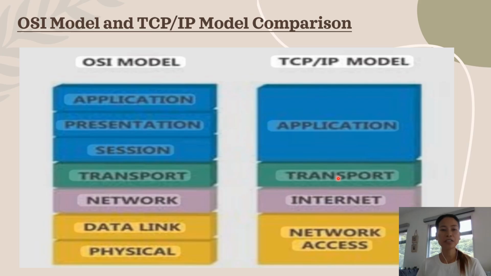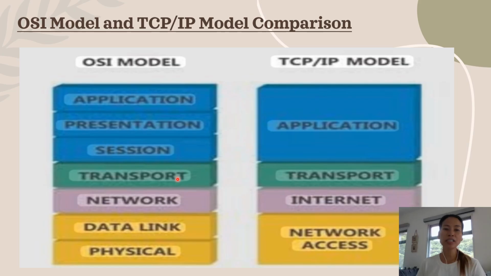So these are the differences of the two. This is the OSI. It has 7 layers. The TCP/IP model has 4 layers. Why 4? Because the data link and physical layers of the OSI model are wrapped up in the network access layer of the TCP/IP model, while the network layer in OSI is the internet layer in the TCP/IP model.